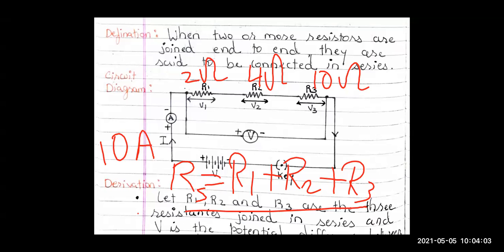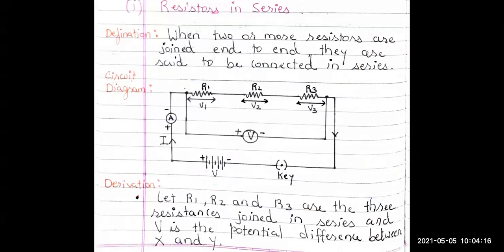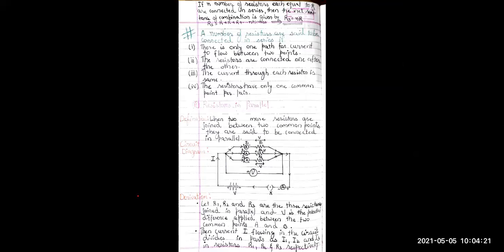So it is 2 plus 4 plus 10, it is 16 ohm. It is 16 ohm, right beta? So this is the derivation for resistors in series. I will upload the video. You can just see it and revise it once more.